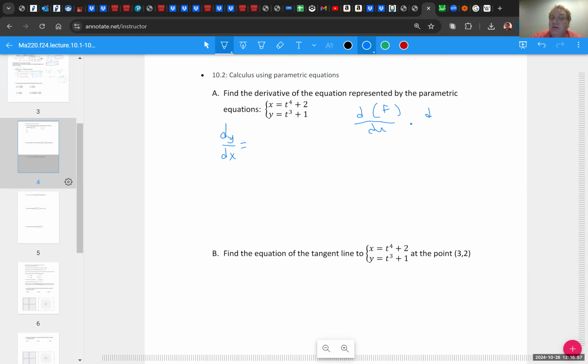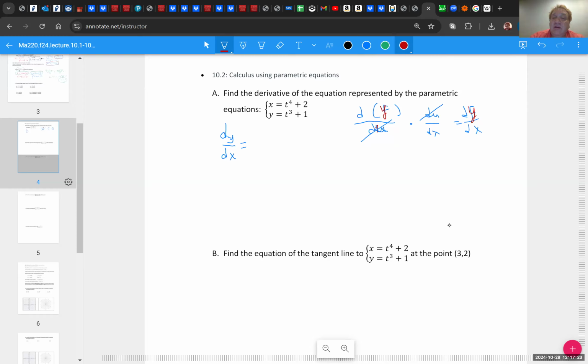Then we multiply by the derivative of the inside function, so du/dx. And what comes out of that is we get the derivative of f with respect to x, or if you want to call this y, we would get the derivative of y with respect to u. This should be a u, by the way. Derivative of y with respect to u times the derivative of u with respect to x, and you can see the du's divide out, and you get the derivative of y with respect to x.